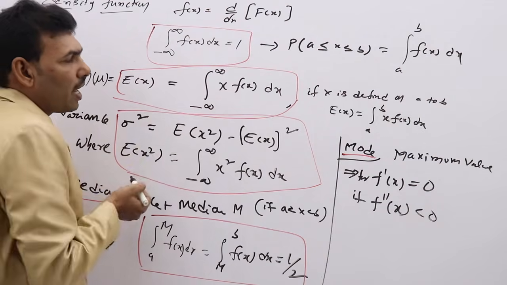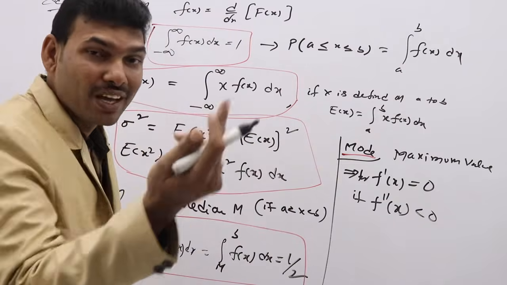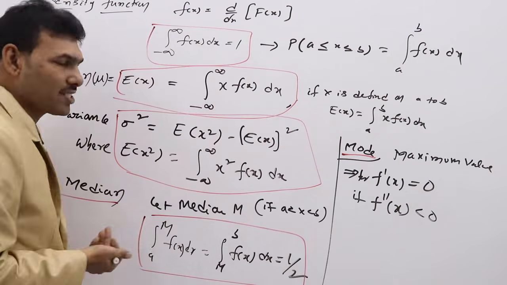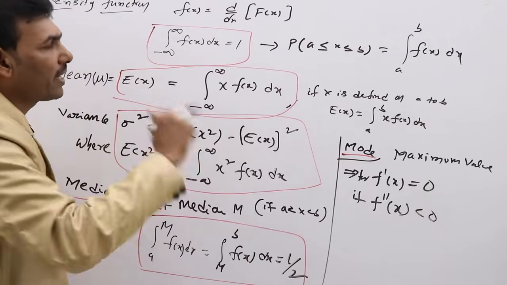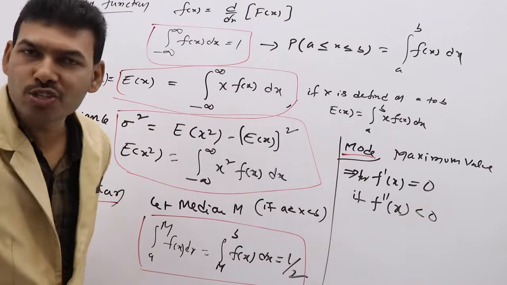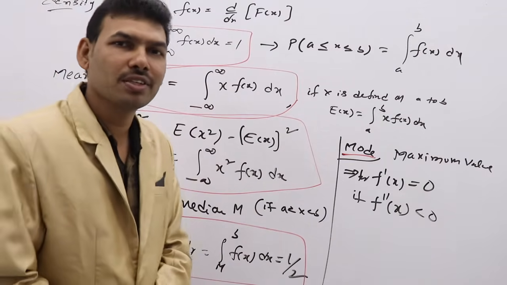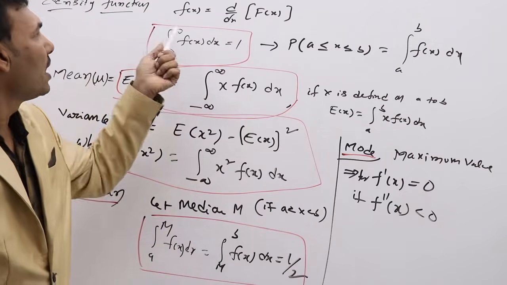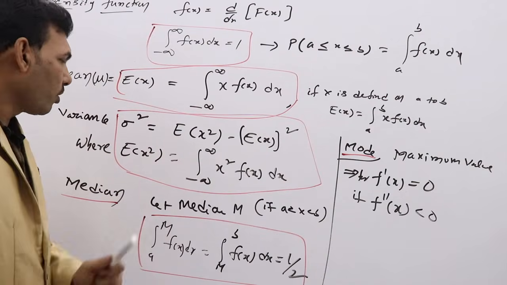There is a finite case, discrete, 1 to n, and this is the infinite case. There you will have sigma x p of x, and in the place of sigma you will get an integral here. There, to calculate probabilities between any two values, you are going to add; here you are going to integrate. That is the difference. Are you clear? What is the mean and variance for a continuous distribution? Any doubts you may express?